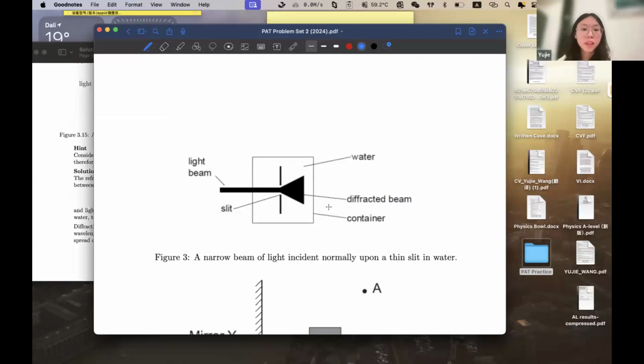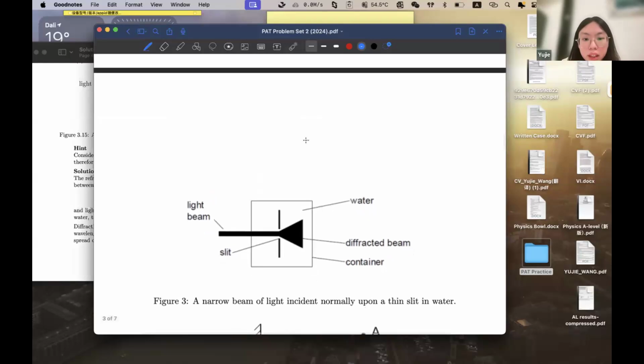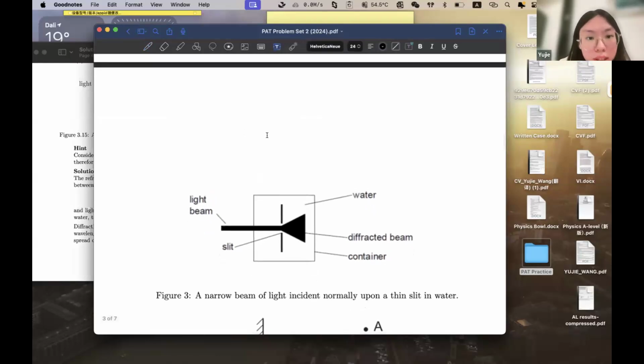So for this question, if we compare the light when it travels through water and air, we know the main difference would be the refractive index. And we know that the refractive index of the water is larger than the refractive index of the air. Let me just type: n of water should be larger than n of air.